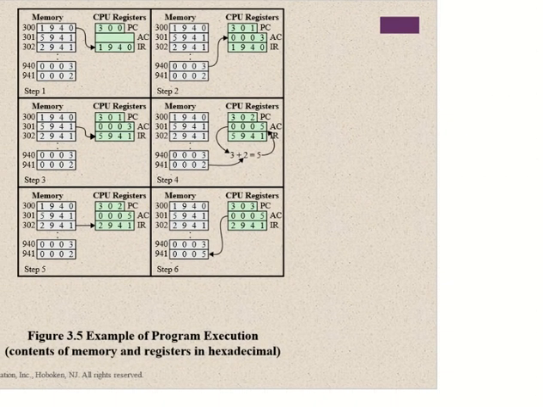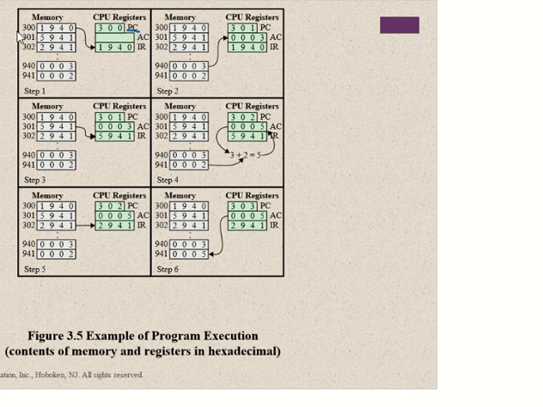This is an example of program execution. Let's go step by step. There are steps 1 to 6 given in this diagram. Let's go to step 1. PC contains the address, here it is 300.